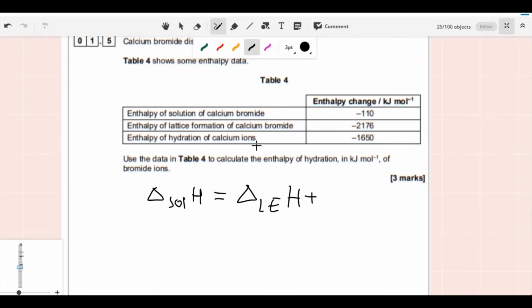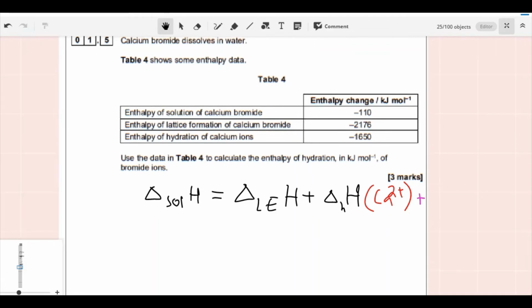You can mention it or not, it's up to you. So here I mentioned the calcium ion.